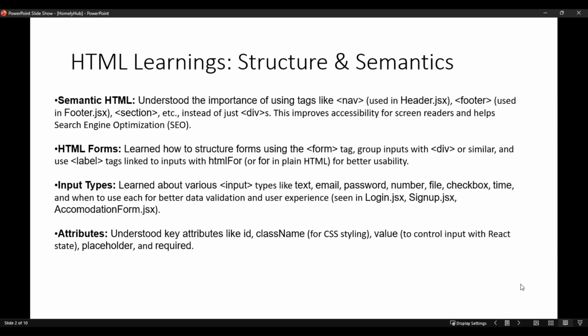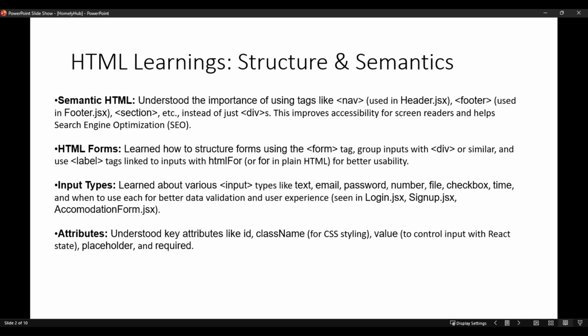Now, in HTML learnings, structure and semantics: I understood the importance of using tags like nav, which was used in header.jsx and footer.jsx, instead of just div tags. It improves accessibility for screen readers and helps search engine optimization. Then I learned how to structure forms using the form tag, group inputs with div or similar, and use label tags linked to input with htmlFor for better usability.